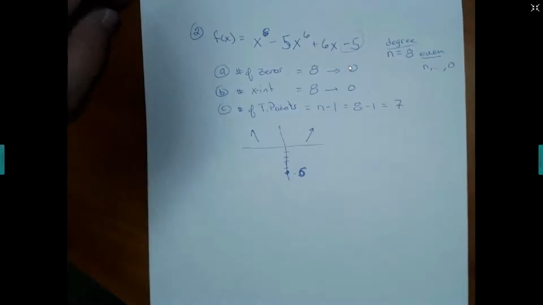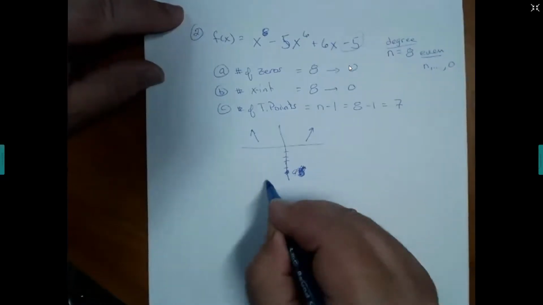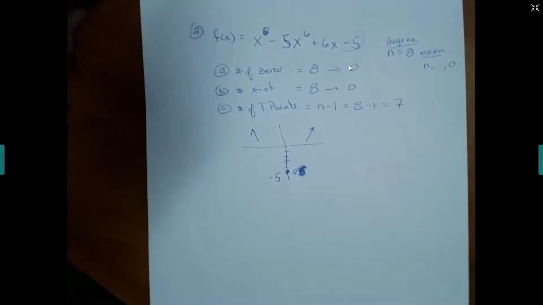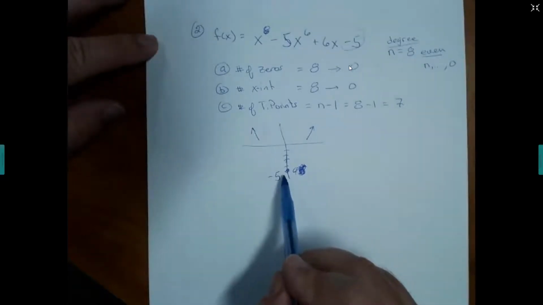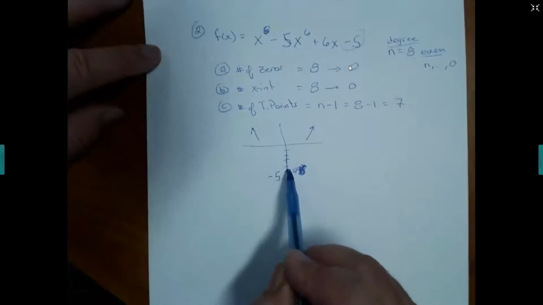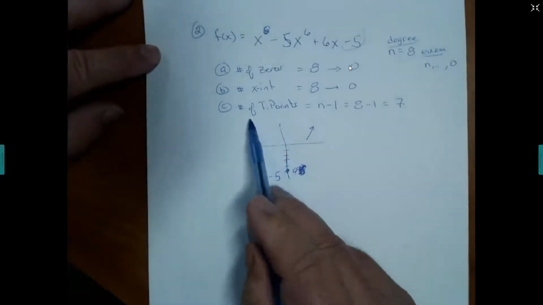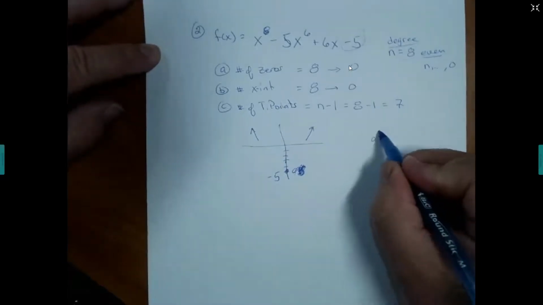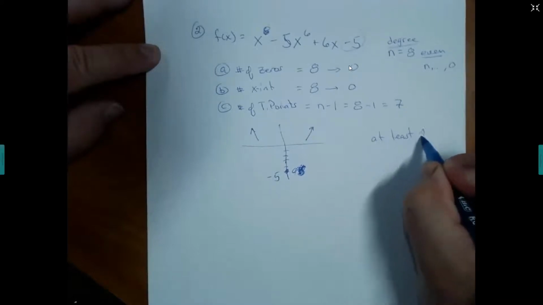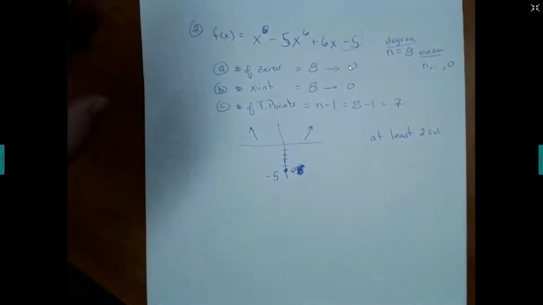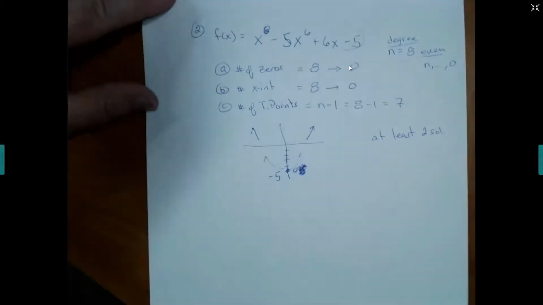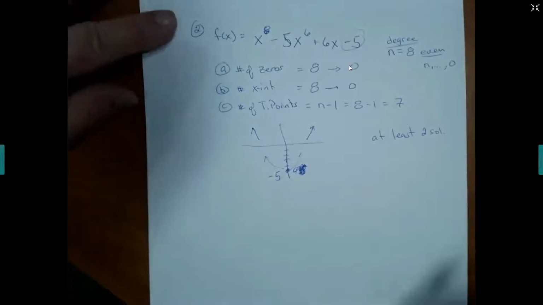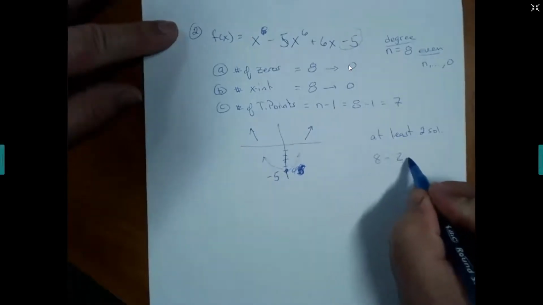That's all we know for sure. The rest of the zeros we can figure out later on. But because our y-intercept is down here, and we know both ends go up, we know we'll have at least 2 solutions, because one has to go from here, one has to go from there. So we'll have anywhere from 8 down to 2 solutions.